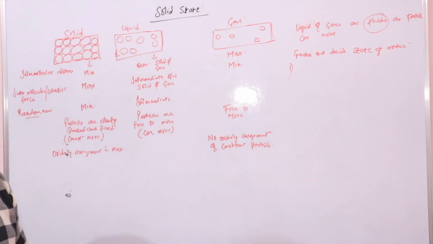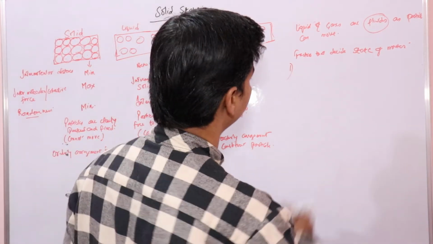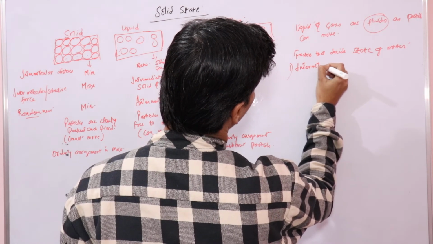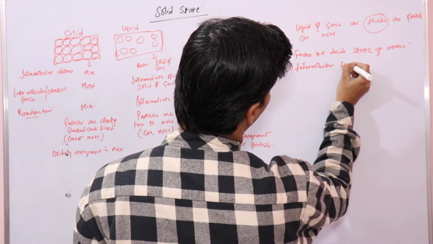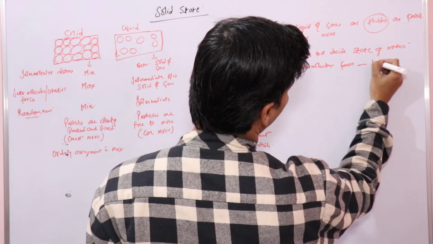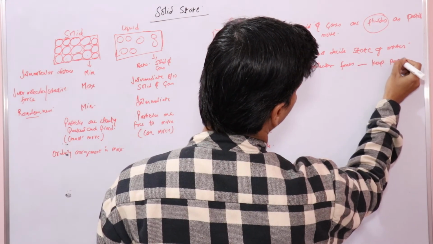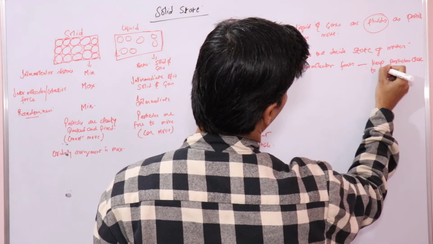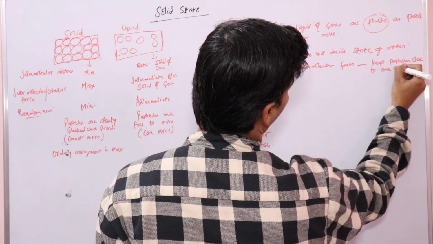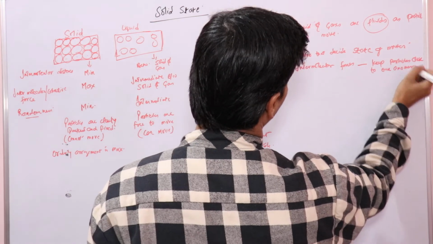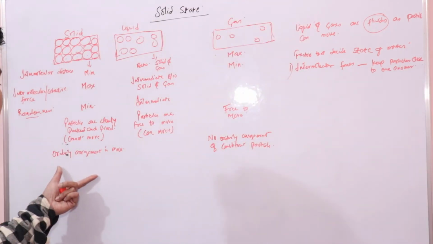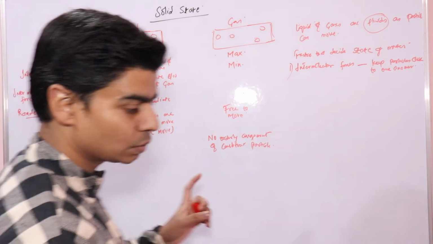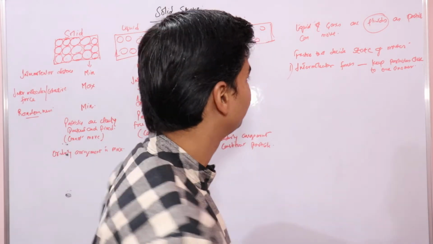First factor is your intermolecular forces, right? This will keep particles close to one another, right? Since it's maximum in solids, particles are close to one another, and this force also tries to arrange the particles in an orderly manner, right?